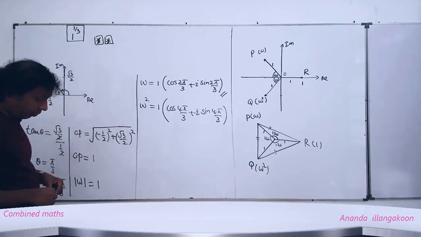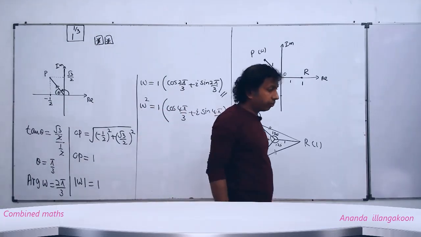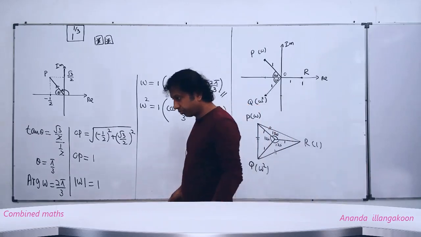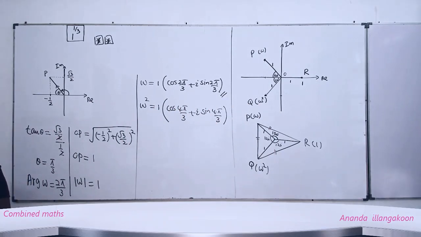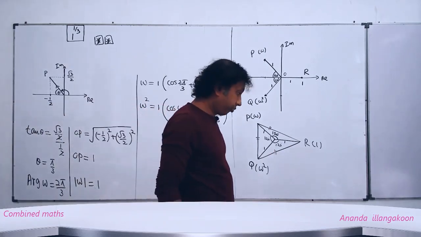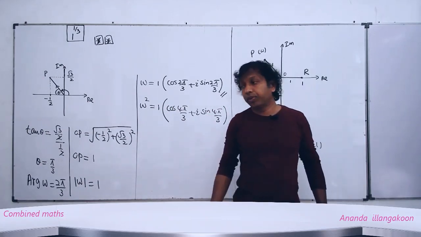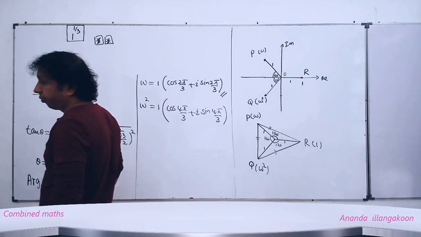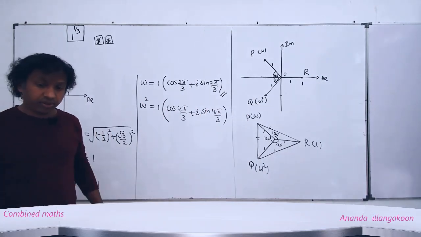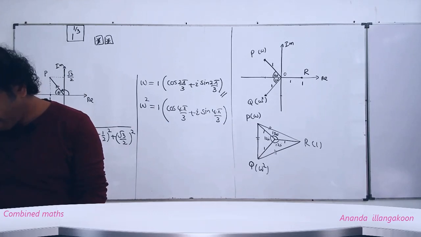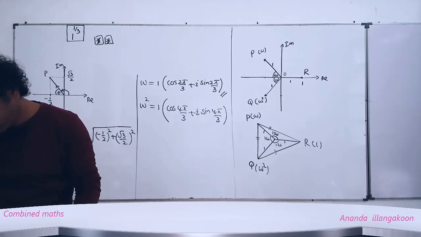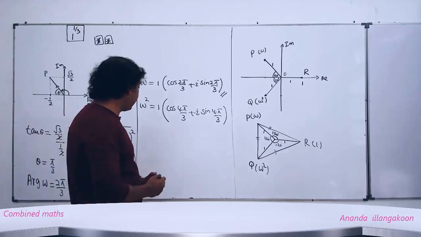Right, write down like this. When an equation gives complex solutions, the complex solutions always occur as conjugate pairs.